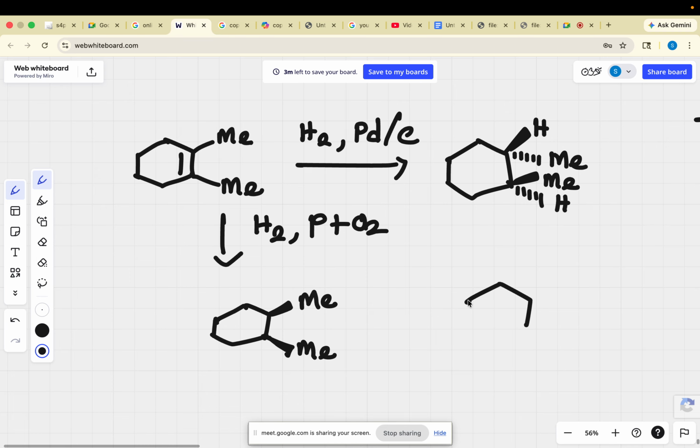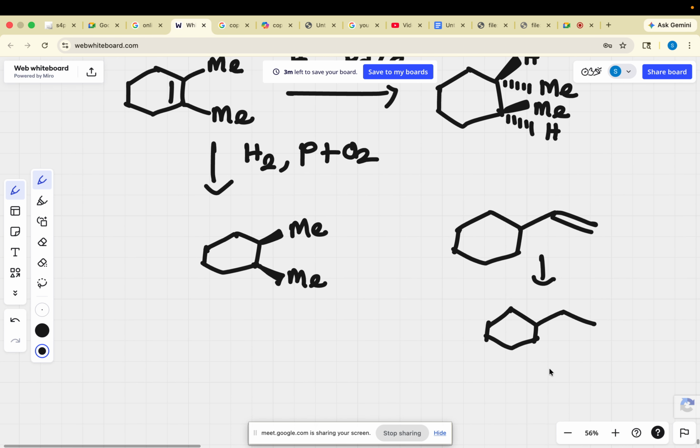For an exo double bond, you need not check the geometry. Not like this, not that way. It has to be directly attached to the cyclohexane. You're saying like this, and then you also substitute CH3 on the other side of the double bond.